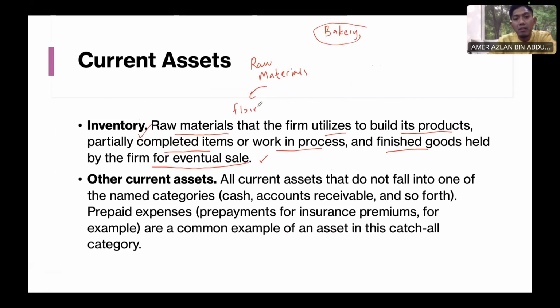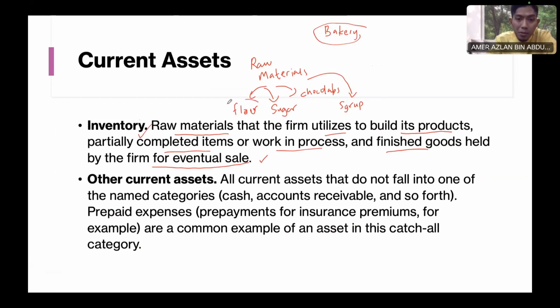Could be flour, kan, tepung. Could be sugar, right? Could be chocolates. What else? Could be syrup, right? And many others.